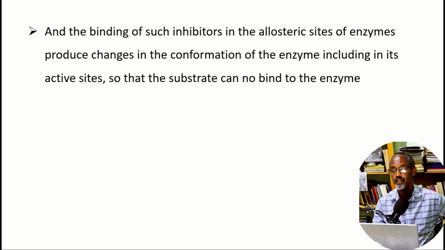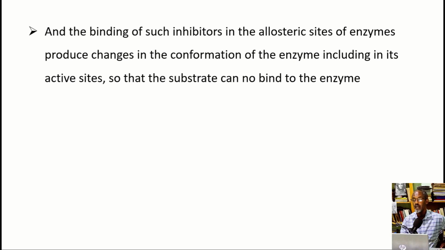The binding of such inhibitors in the allosteric sites of the enzyme produces changes in the conformation of the enzyme, including the shape of the active site, so that the substrate can no longer bind. When allosteric inhibitors bind to the allosteric site, they slightly change the shape of the enzyme, including the active site, so that the substrate cannot bind.